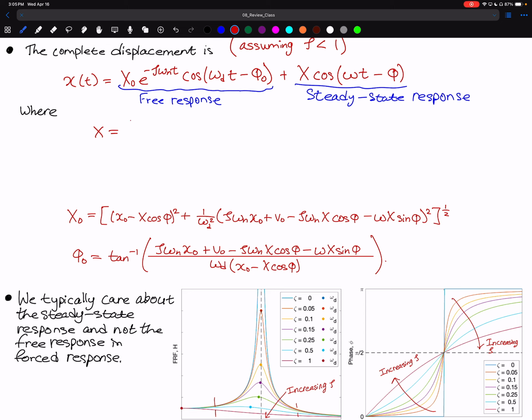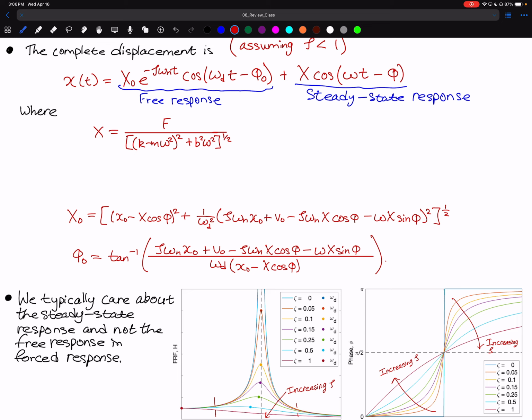All right, so X here for our steady state amplitude is going to be a fraction with the forcing amplitude F in the numerator divided by the quantity k minus m omega squared, that quantity squared, plus b squared omega squared, all of that raised to the 1/2 power, so we're taking a square root in that denominator. If we divide by F, we will get here the magnitude of our frequency response function for this oscillator.